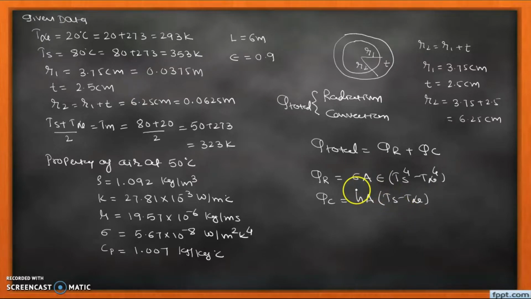Here the values of sigma, A, emissivity and temperatures are known to us, so first we calculate the heat transfer by radiation. The value of h for Q convection is unknown, so we need to calculate the Nusselt number, and from the Nusselt number we can calculate the convective heat transfer coefficient. So let's start with the radiation heat transfer first.